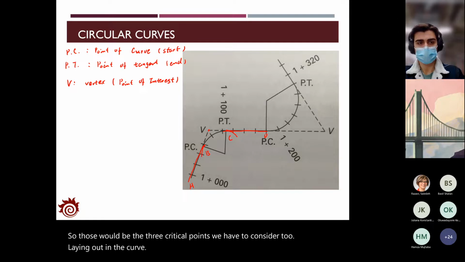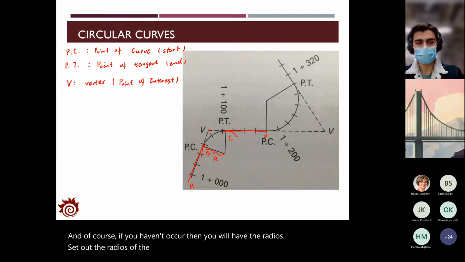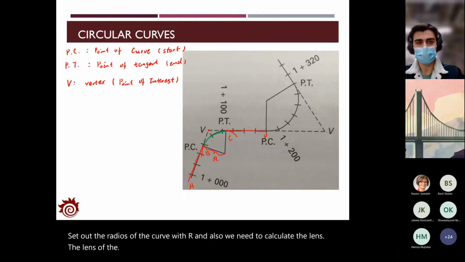And of course, if we have the curve, then you will have a radius. Say that the radius of the curve is r. And also we need to calculate the length of the arc.